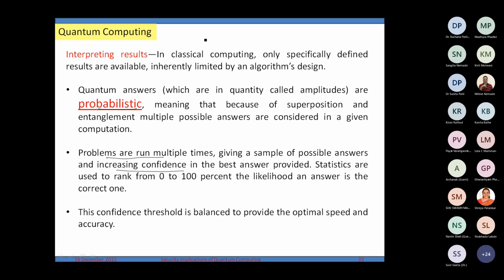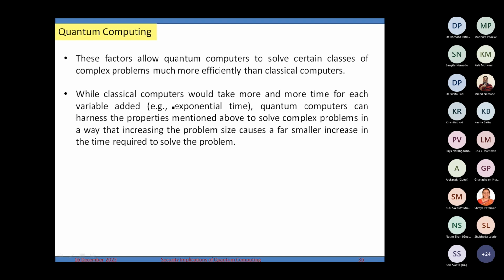So: representation through qubits, processing through algorithms, and interpreting finally through probabilistic answers. Because of these three differences, quantum computers are able to solve certain classes of complex problems more efficiently than classical computers.